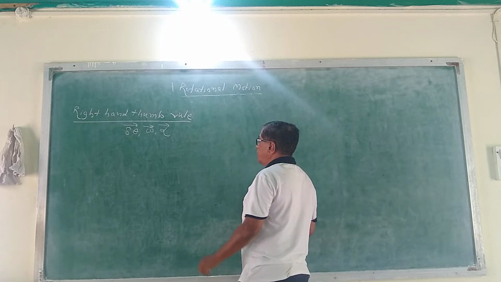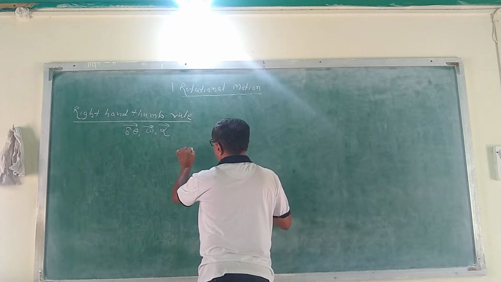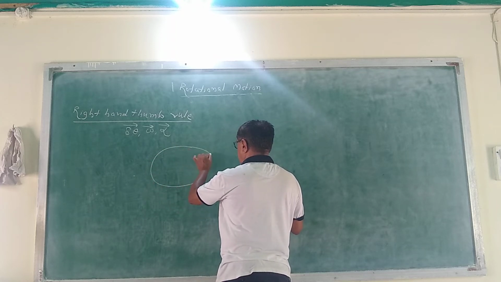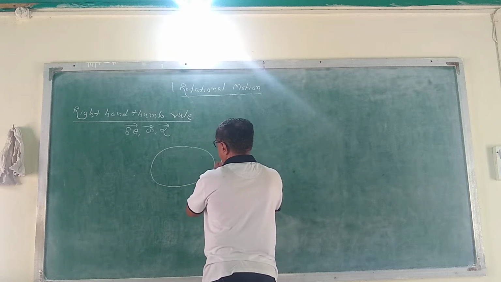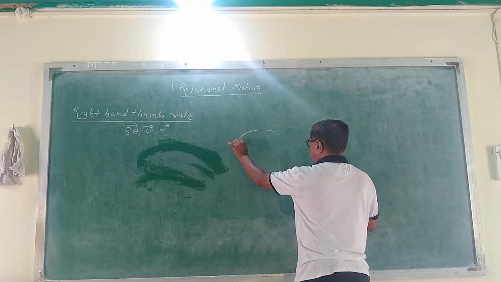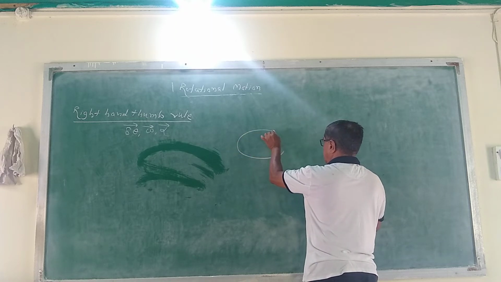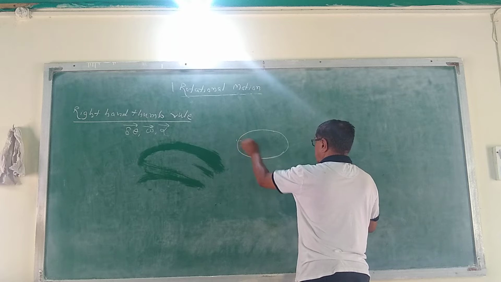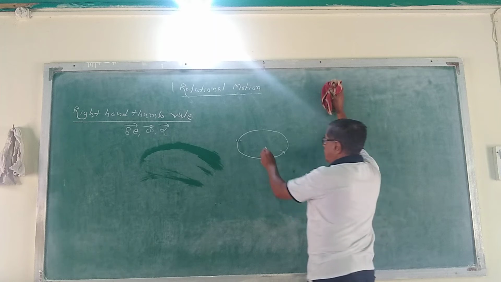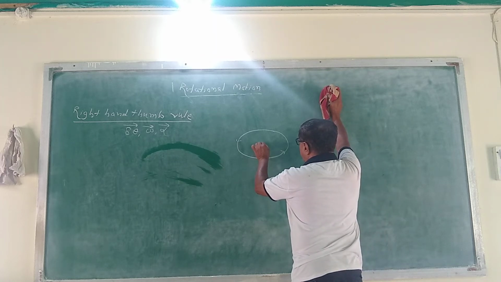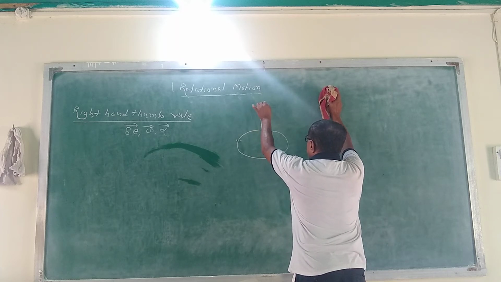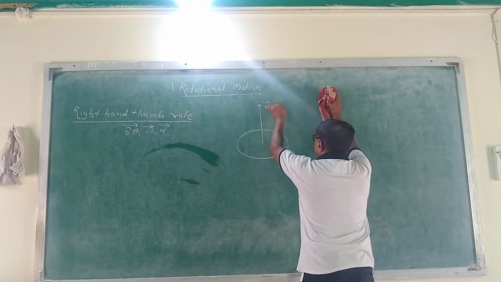For that, we can consider two types of motion. Suppose the anti-clockwise motion: the direction of the angular velocity or angular acceleration is directed upward.